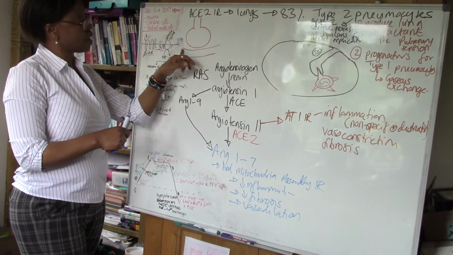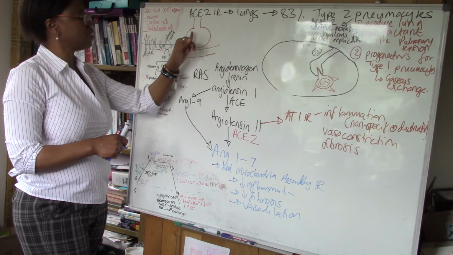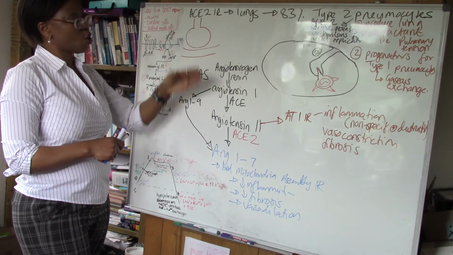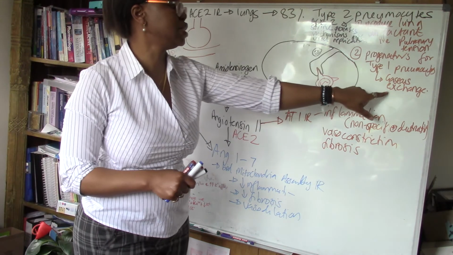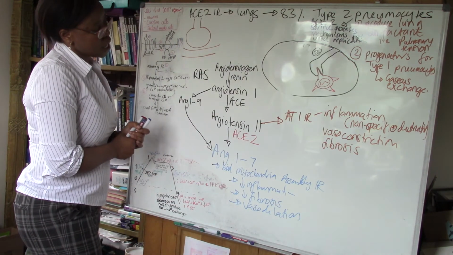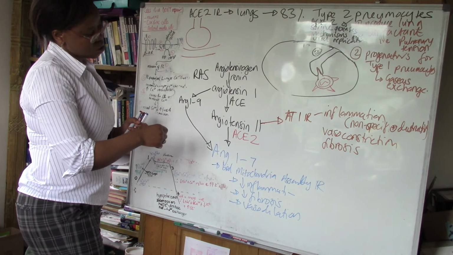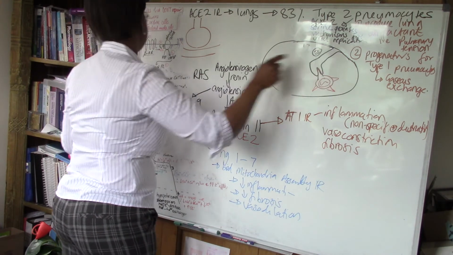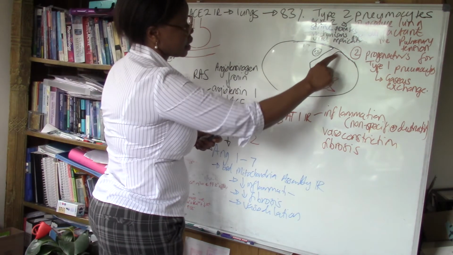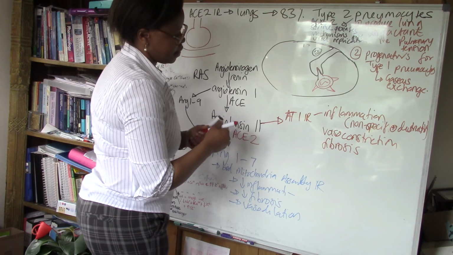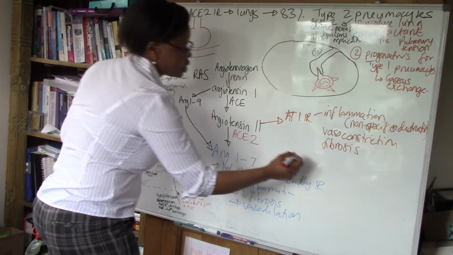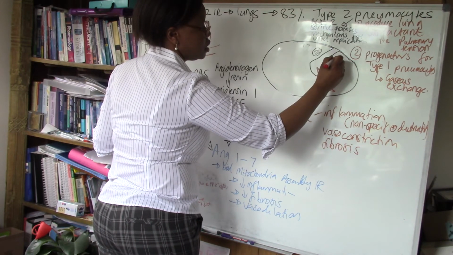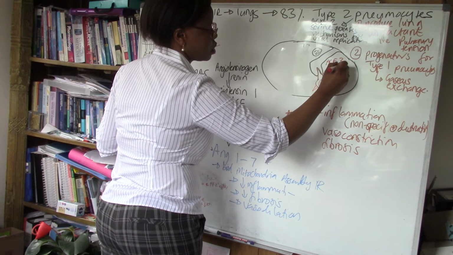And if fluid is permeating the interstitium, eventually it will permeate the alveoli as well, thereby compromising gaseous exchange, which we need. So in terms of what the virus does, the virus will then downregulate ACE2. So this ACE2 coming in there means that it is being downregulated. So this is ACE2 downregulation.